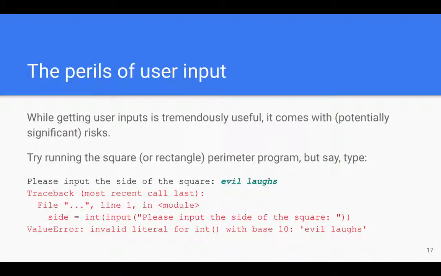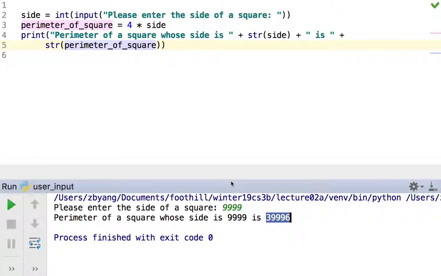Okay, so now that we actually asked the user for inputs, which makes our program a lot more useful, at the same time, it also exposes our program to possible abuse.